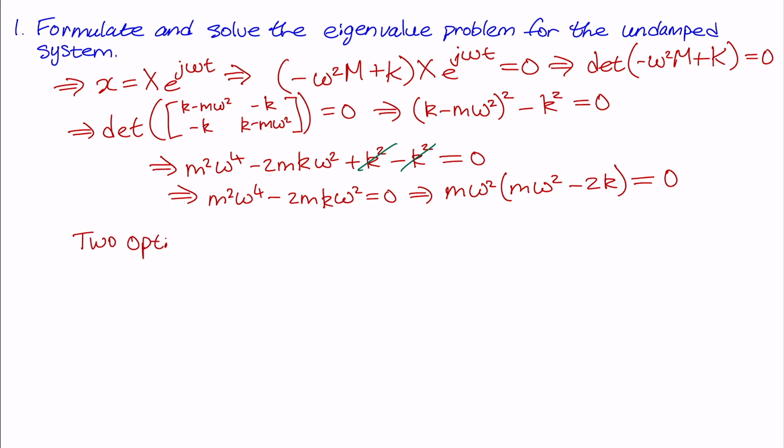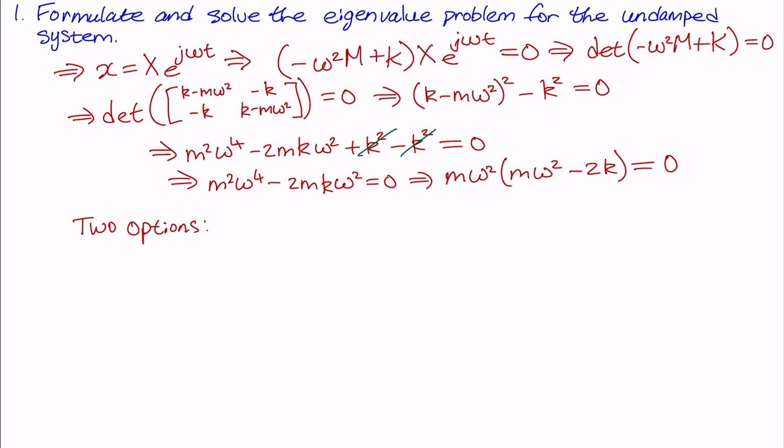So the first is that from this first portion we can find that omega is equal to 0, or you're saying that we can use the second portion, everything inside the parentheses, set that equal to 0 and solve for omega, which leads to m omega squared minus 2k equal to 0, or that omega is equal to the square root of 2k over m.